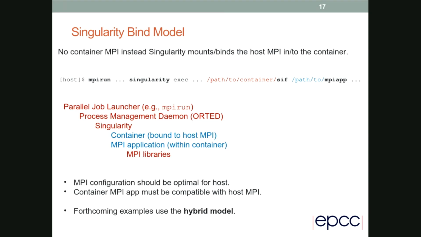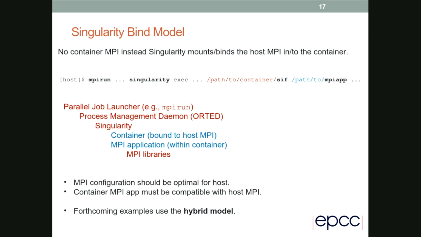Just for completeness, I'll talk about the bind model. That's a simpler setup, because here you don't use any MPI libraries within the container. Instead, the MPI application within the container, when it's launched, will be linked directly back to the MPI libraries running on the host.